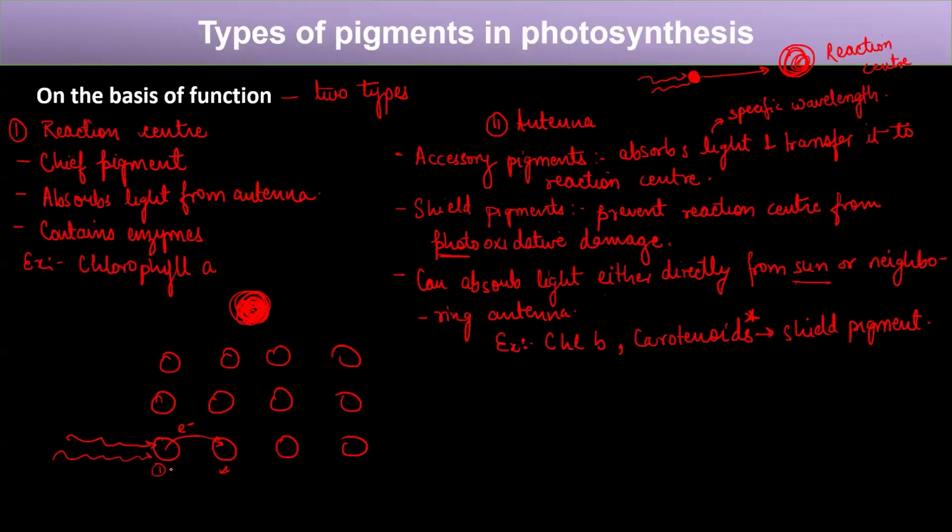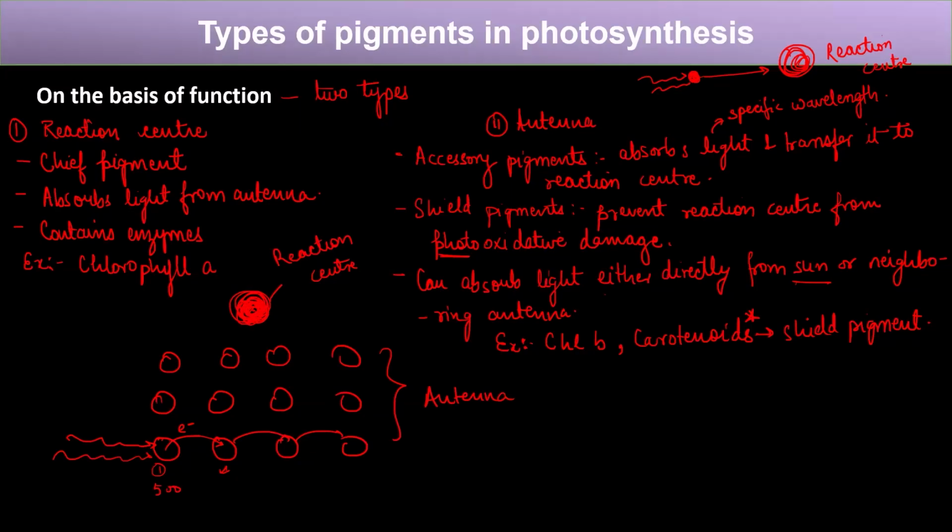Here you can see these are your antennas, and this is your reaction center. When it absorbs light, it will transfer it like this, and these have wavelengths. Suppose this is of wavelength 500 nm. The next should be of higher wavelength, because, as we saw in the previous lecture, pigments always transfer their energy to a higher wavelength.